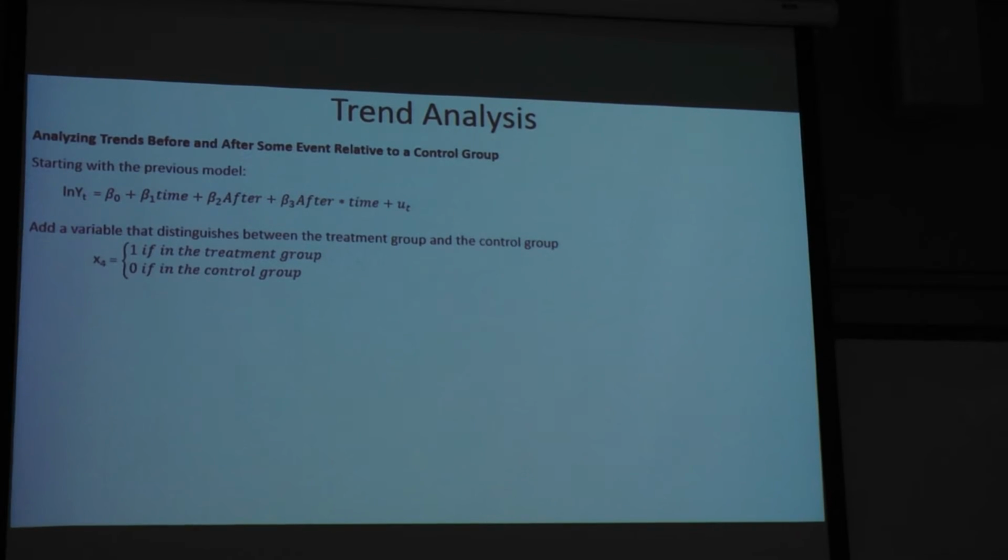So let's add in a fourth variable, x4, that equals 1 if you're in the treatment group, and 0 if you're in the control group. So we're just adding a fourth variable.